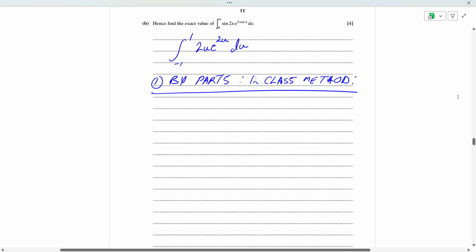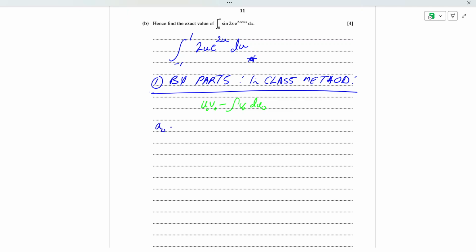Okay, so you want to select a u and v. In this case, to denote a different u, I use u naught. So you want to use the formula uv minus the integral of v naught du naught. This is the formula that you use for by parts.